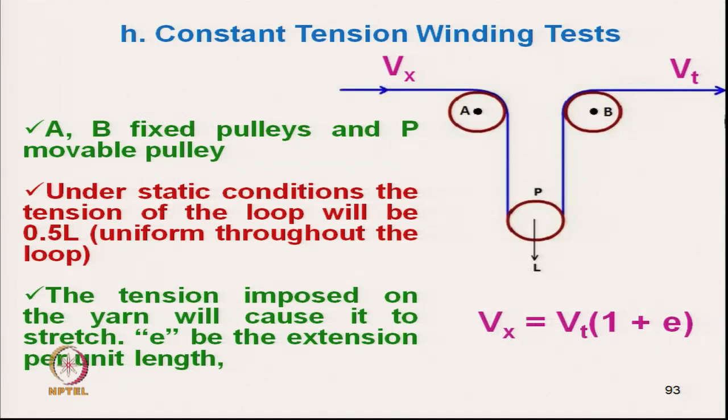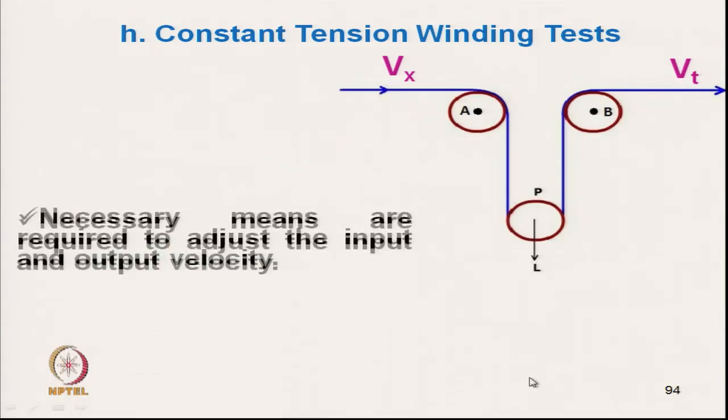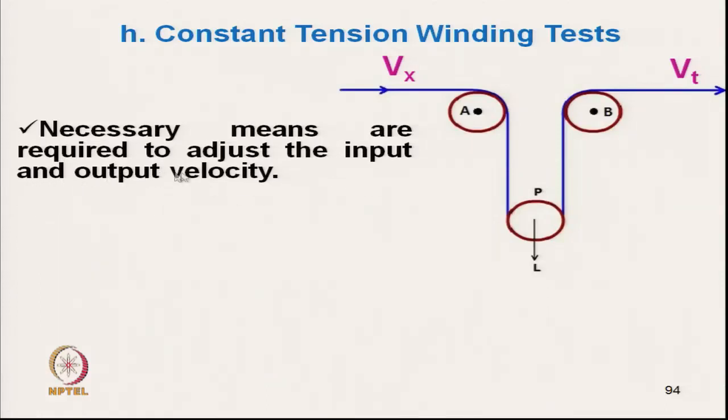So, I think this will be reversed: Vt will be Vx multiplied by 1 plus E. Okay, that is the thing. Necessary means are required to adjust the input and output velocity. If we have some idea about the extensibility, then we have to change it, because the extensibility is mainly due to the load; otherwise the yarn will be slack.